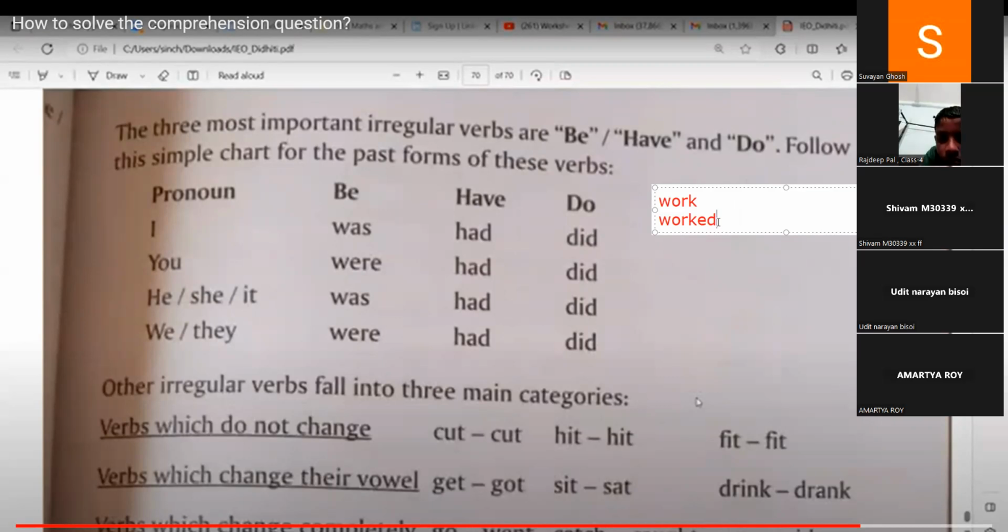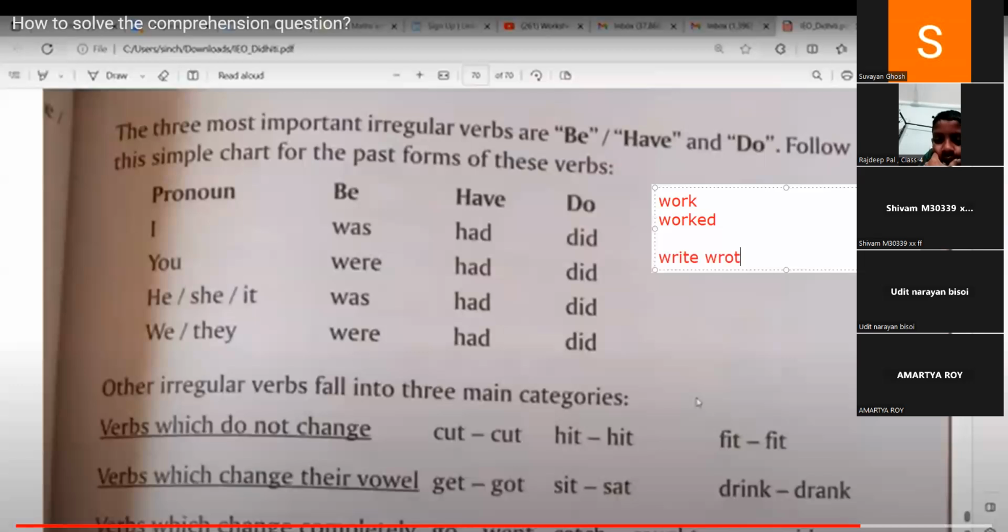Like played, dragged, dragged. And irregular verb means those verbs are like... No. Regular verb is correct, Udit.